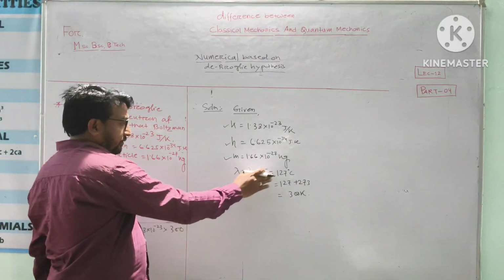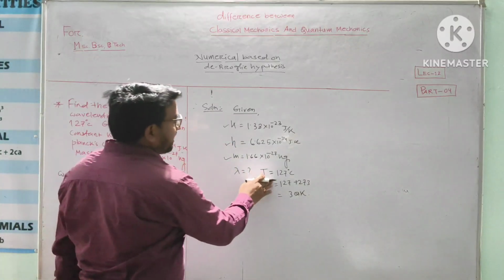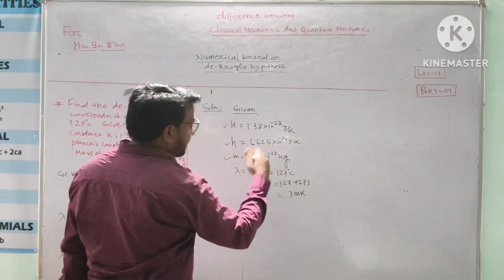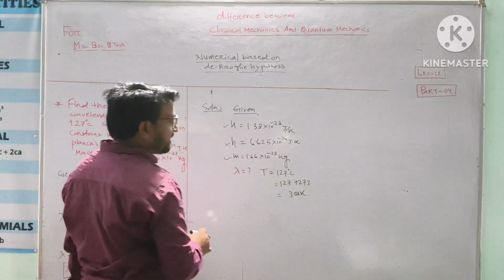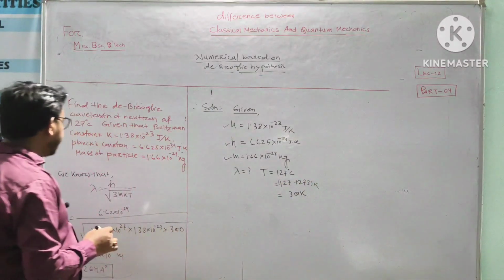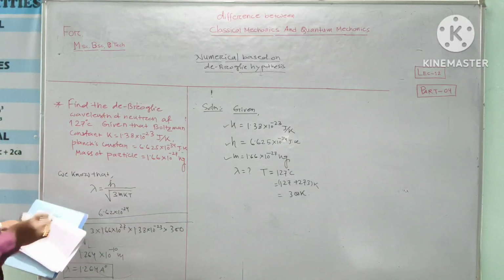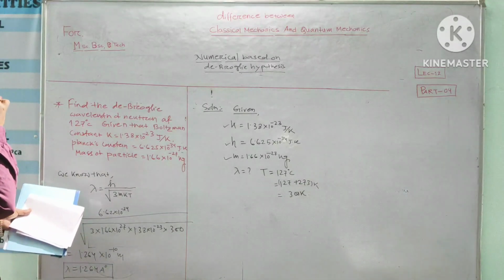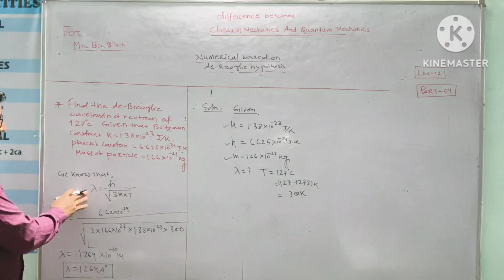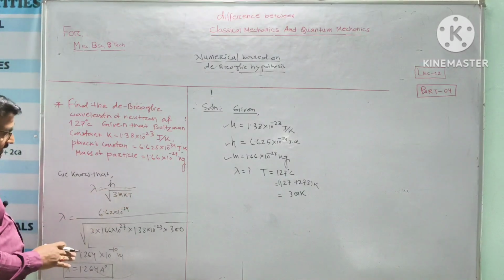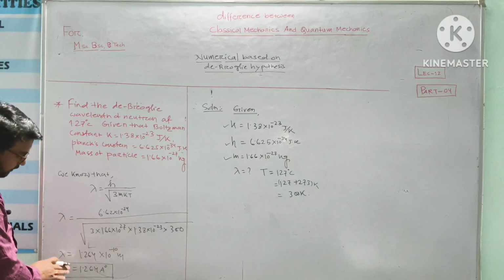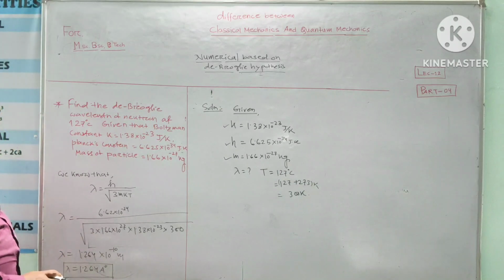And T equal temperature 127 degrees Celsius, and this is not an SI unit of temperature, so it should be converted into the SI system. So 127 plus 273, this is equal to 300 Kelvin. By using the de Broglie wave equation in terms of temperature, we can write lambda equal h by under root of 3mkT. When all the values are substituted in this equation, you will get 1.264 angstrom.